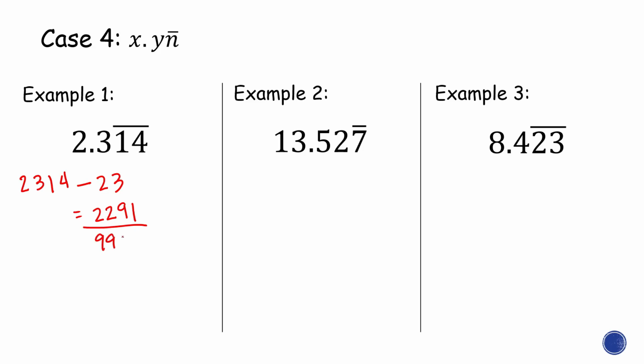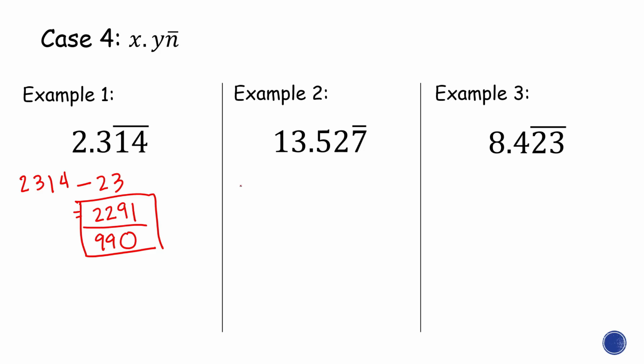How many non-repeating digits after the decimal point? 1, so that's 90... that's 10 in the denominator. And that will be the final answer. Again, you can check that using your calculator, and you will see that it's 2.314141414.